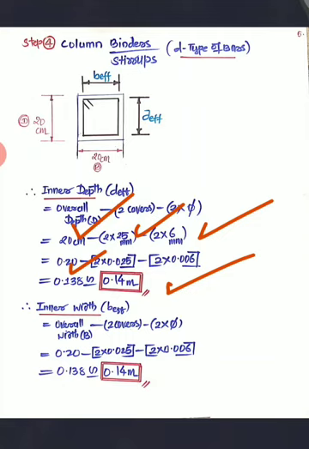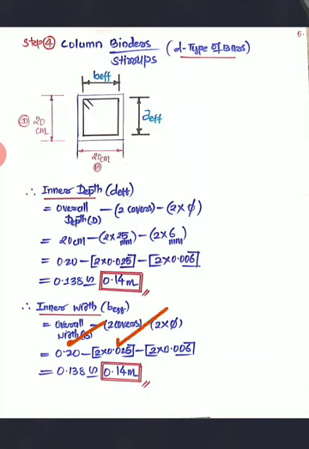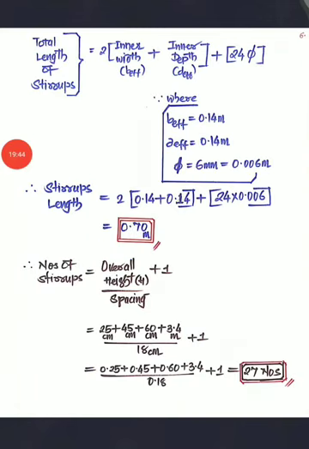Now for the inner width, I'll follow the same criteria: overall depth minus 2 covers minus 2 times the dia of bar. Here the dimension is the same, so you will get the same inner width, that is 0.14 meter. Now the total length of stirrup is 2 times (inner width plus inner depth) plus 24 times the dia of bar.